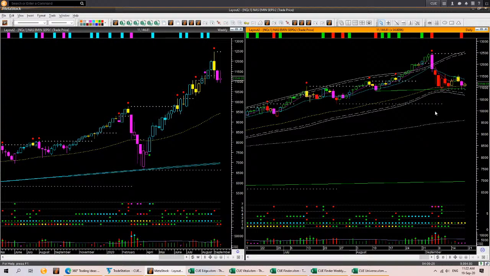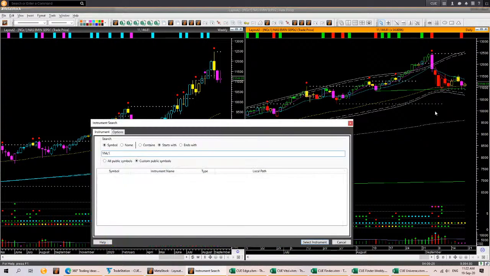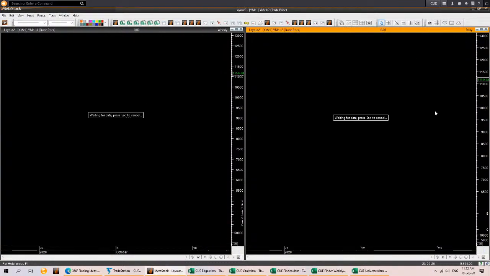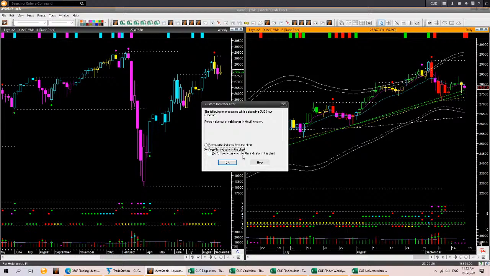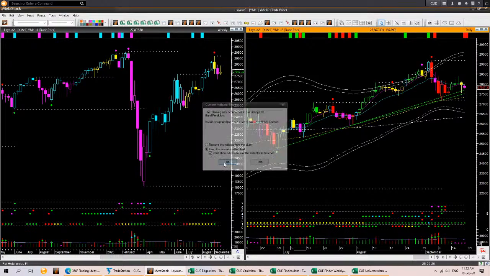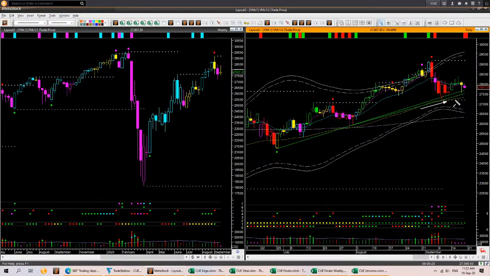And if I look at the Dow futures, that is YM, this also has memory support. On Thursday, again it hit the memory support and reversed from that. Again, a reason for me not to try to short.